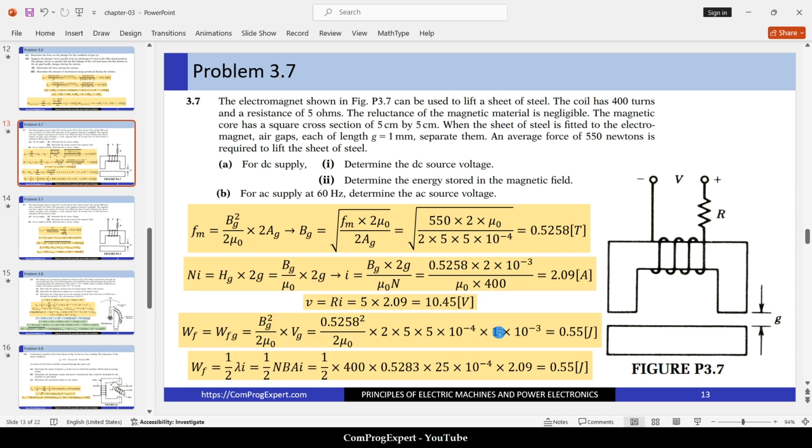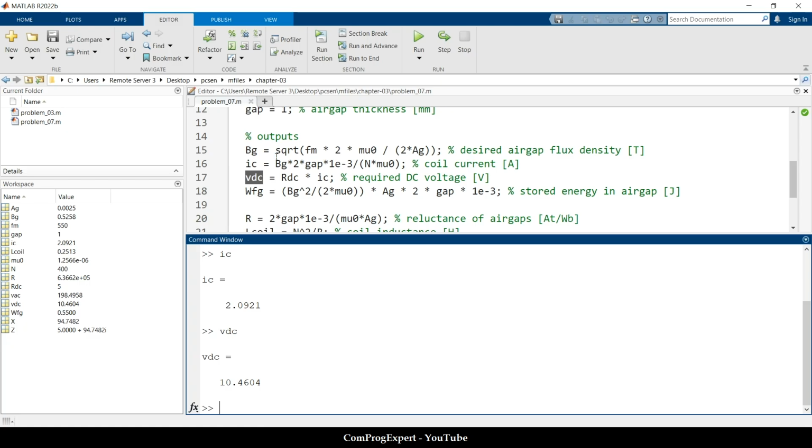The thickness of the air gap is 1 millimeter. We should multiply it by 10 to the power minus 3 to have it in meters. And this is 25 centimeter square, 2 times this area, and we should convert it to meter square. The stored energy in the magnetic field is 0.55 joule, this number.